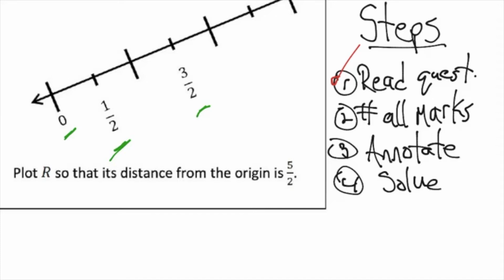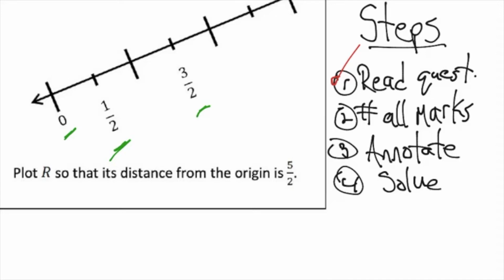Even though it's not as simple as 1, 2, 3, it is as simple as 1/2, 2/2, 3/2. Caught that joke? Okay, so now we can continue filling in all the marks. So let me make that look a little nicer.